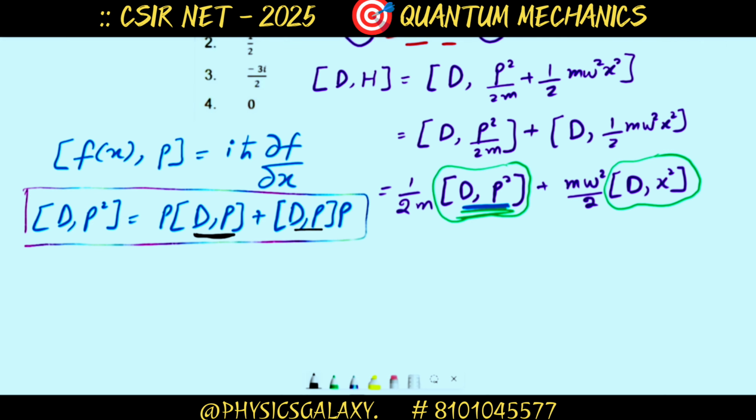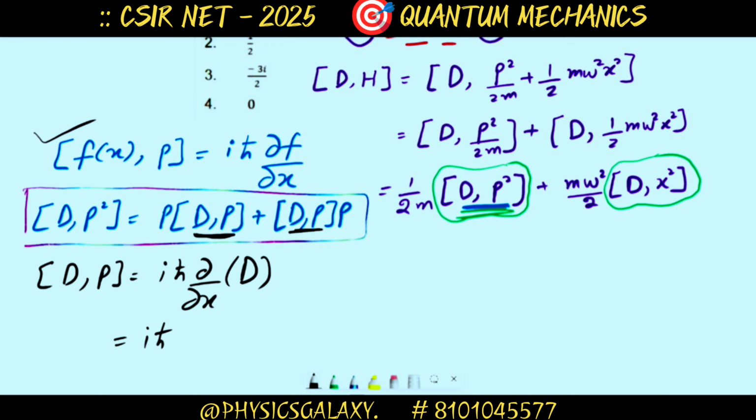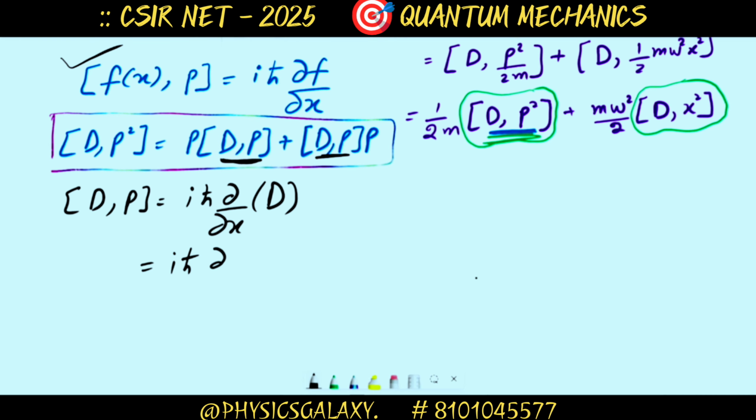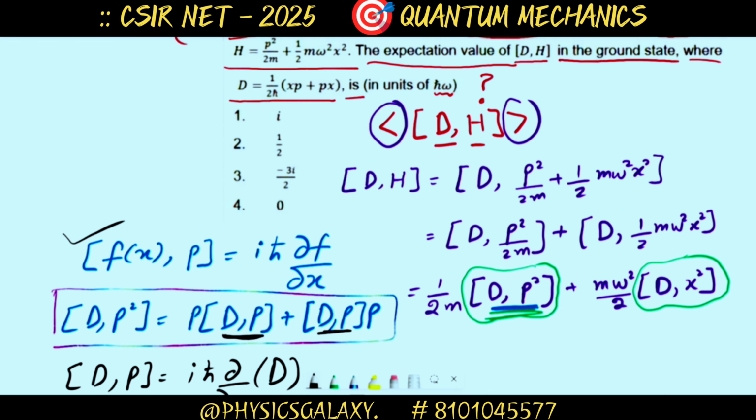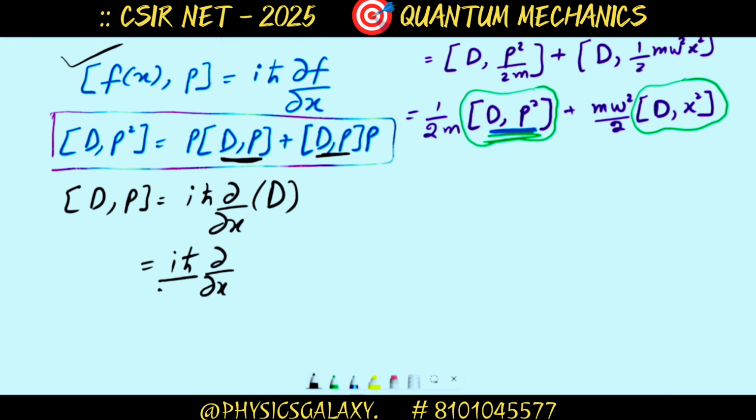Then we can find [D, p] here. Using the identity, [D, p] equals iota h cut dou by dou x of D, which equals iota h cut dou by dou x of D, and D equals 1 by 2 h cut times (xp plus px).